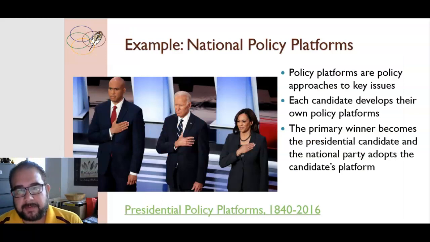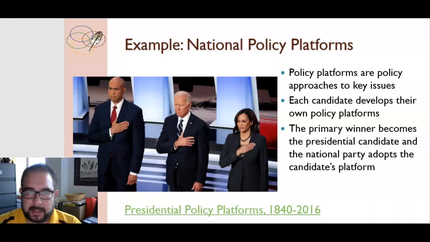A real-life example of that could be when we're looking at the primary politics that are happening. We just had a debate recently of the Democratic primary candidates. Each of them has a policy platform. Those are the policy approaches that they take to key issues. Each candidate has a unique platform, so not all of them are going to be the same. An example is social policy around health and access to universal health care.